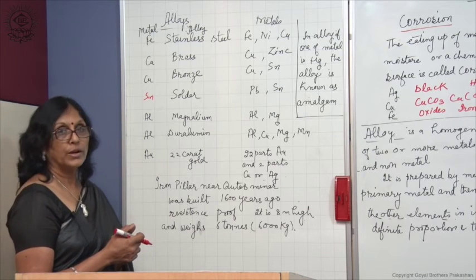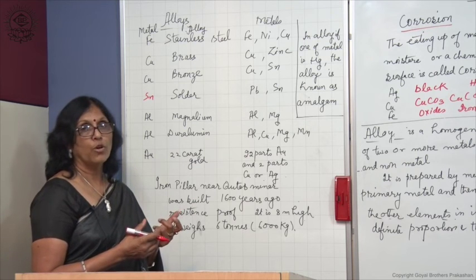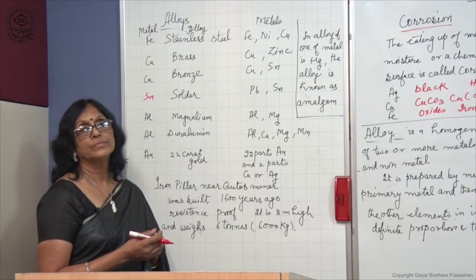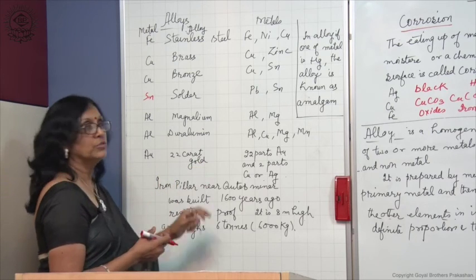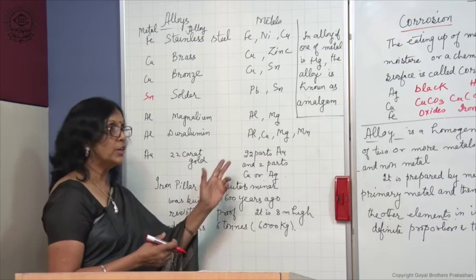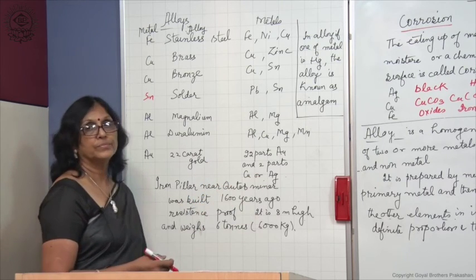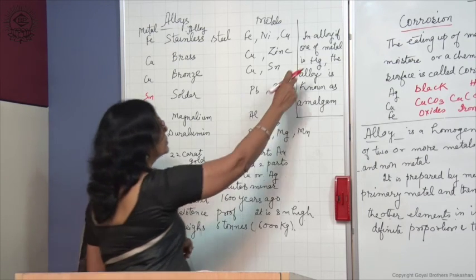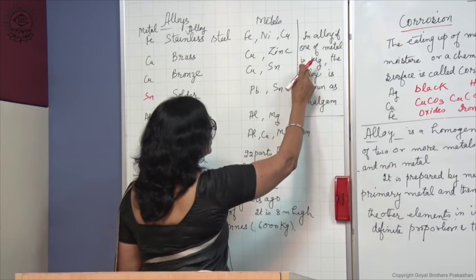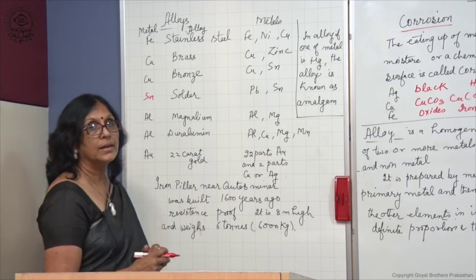So, it has to be alloyed with copper or silver to make jewelry. So, 22 carat gold is used, which contains 22 parts of gold and 2 parts of copper or silver. Now, if in the alloy one of the metals is mercury, the alloy is said to be an amalgam.